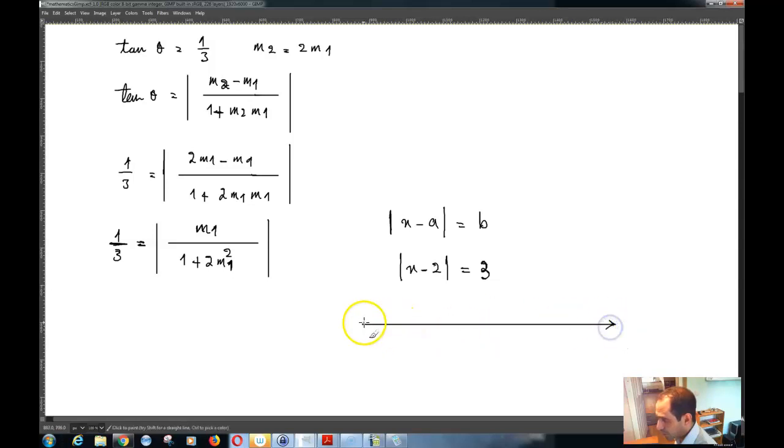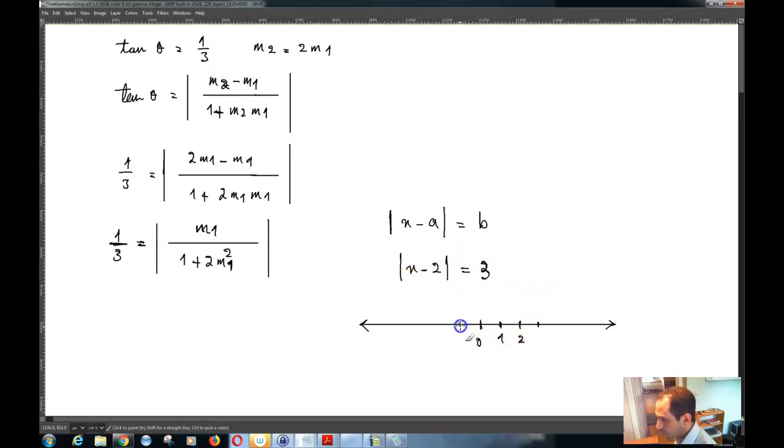If this is a real number line, and this is 1 and 2, so this is 0, and 2 over here, so now x is a number whose distance from the point that refers to number 2 is 3 units.